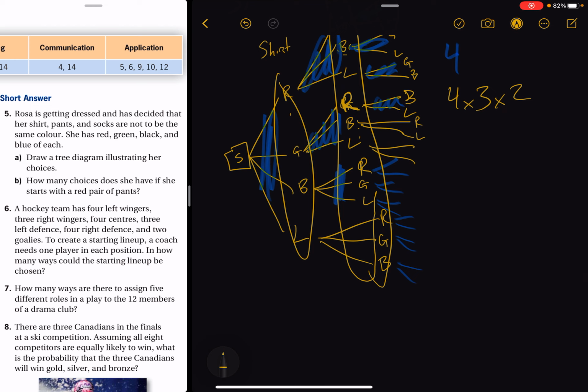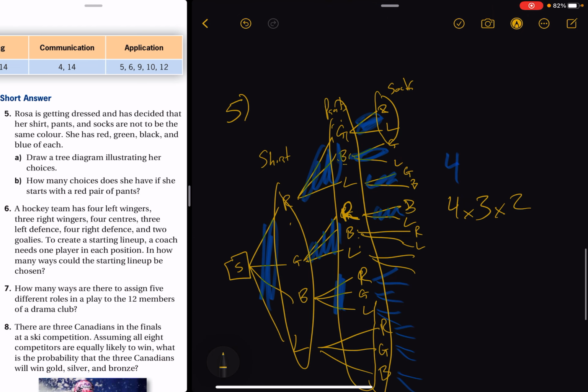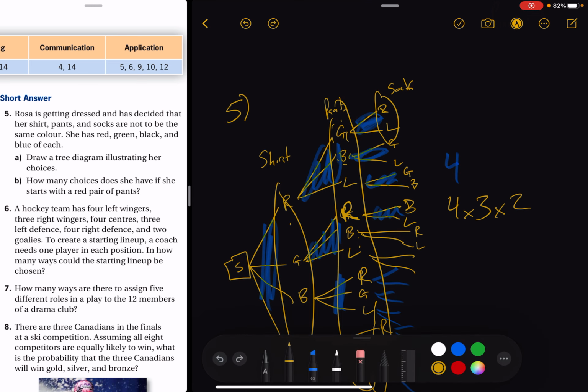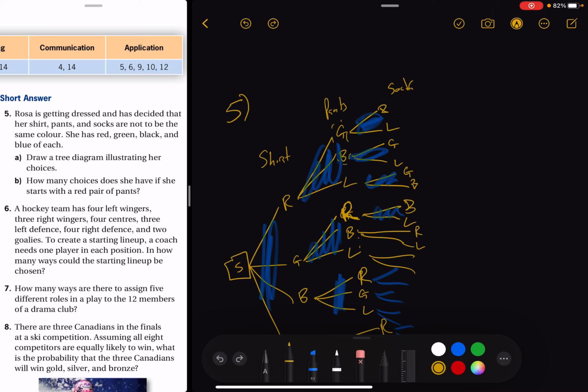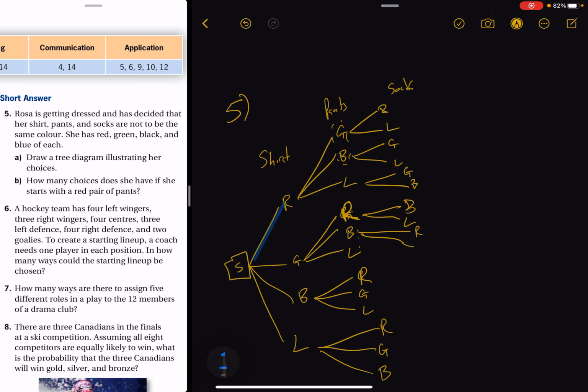So essentially, how many choices does she have if she starts with a red pair of pants? Okay, so if she starts with a red pair of pants, let's get rid of some of the markings we just did. I can rearrange this to say pants, shirt, and sock, right?